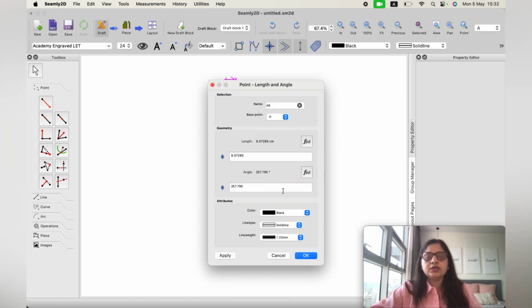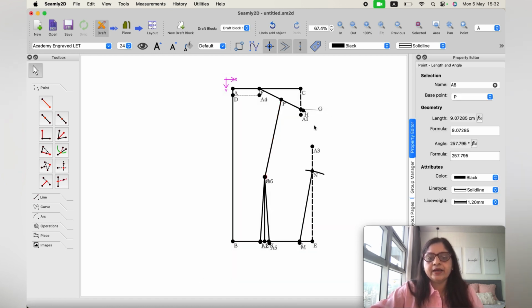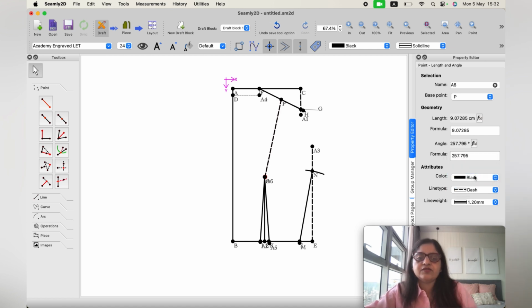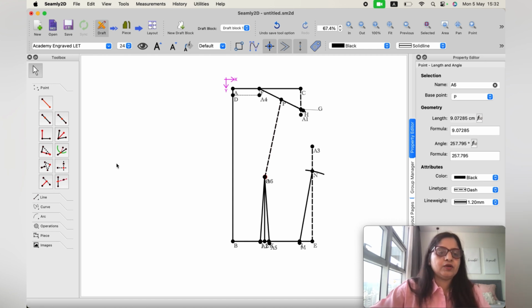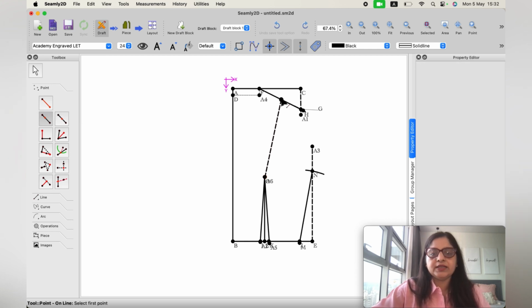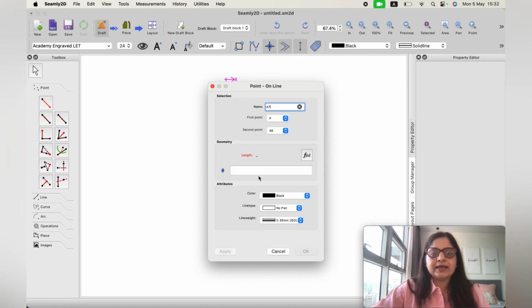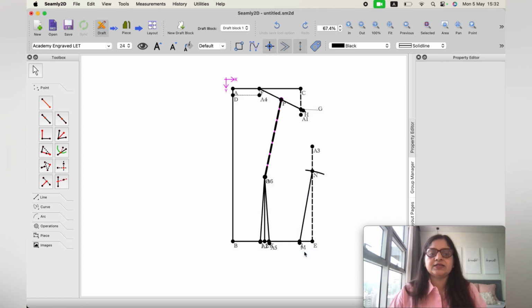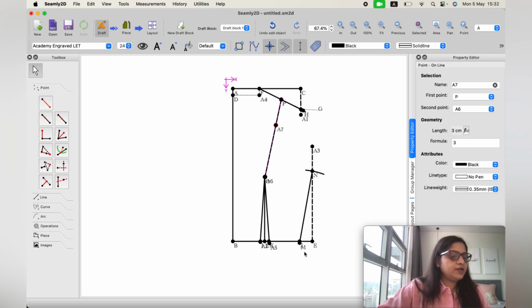Again, this is not my actual pattern line, so I'll change the line type so it will be easier for us to remember what the actual pattern is. So I need a point here on this line at a 3-inch distance. So I'll click here and add a 3-inch distance. Okay, this will be my point Q.